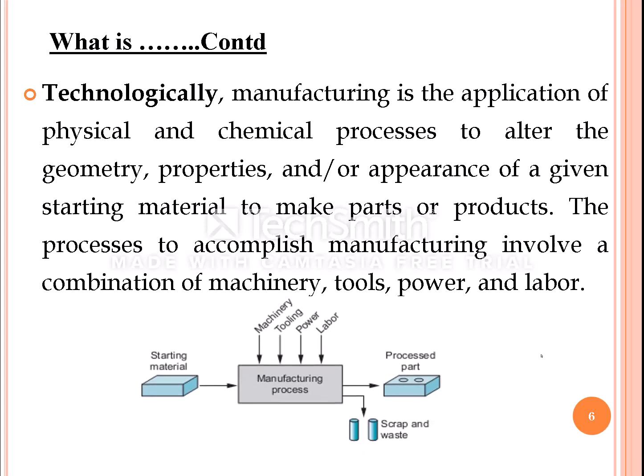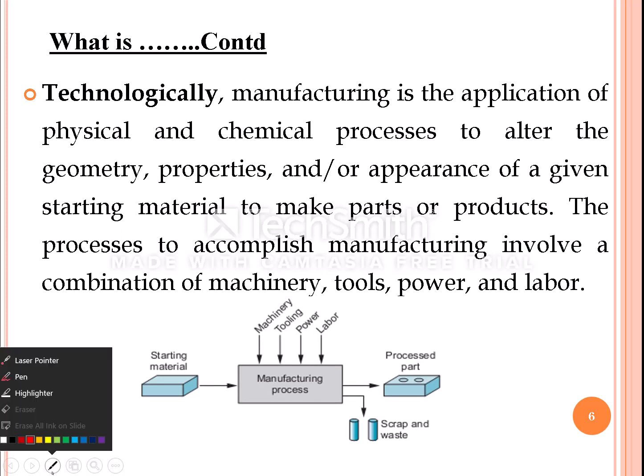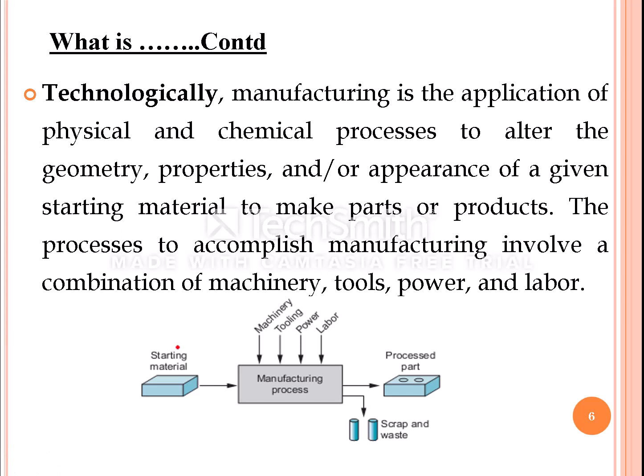As you have seen in the figure, we have the starting material, which is the given input material. We have machinery involved to produce the intended product design, and we use some tools. It could be a single point cutting tool or drilling or any means. Then we use power to rotate or to push or to peel the given material.